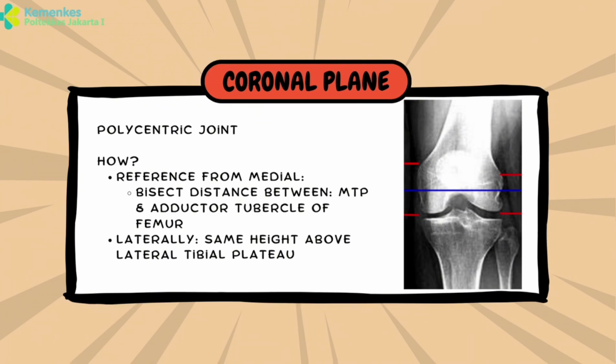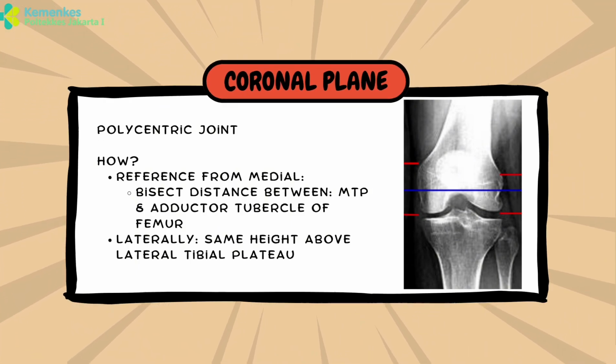For the medial step, we use the reference of the bisected distance between the MTP and the adductor tubercle of the femur. And for the lateral, it is the same height above the lateral tibial plateau, so we can find the position of the mechanical knee joint, which is marked with the blue line.